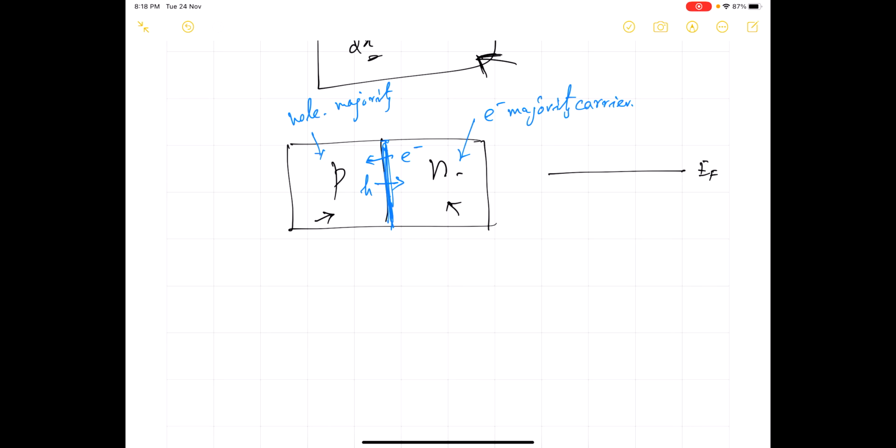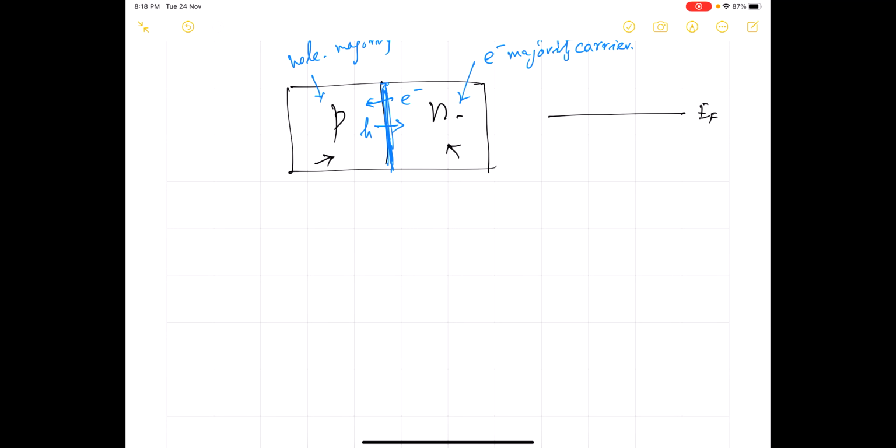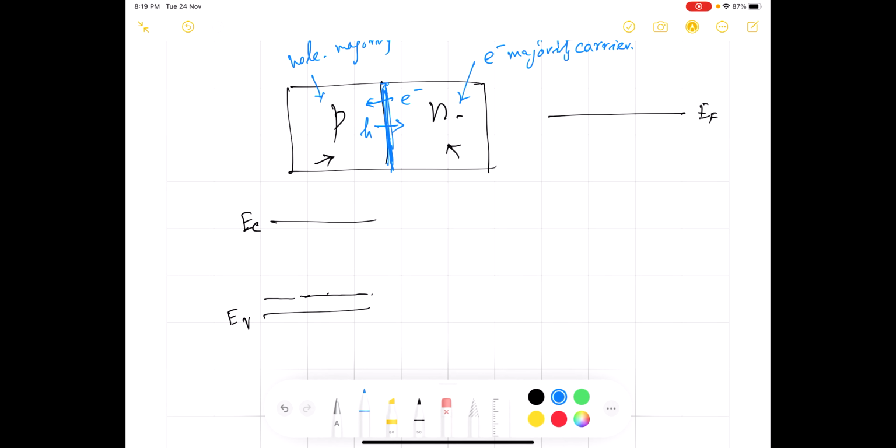In P type we put acceptor ions. From the energy level point of view, this is EC and EV, and we have the acceptor levels right here.